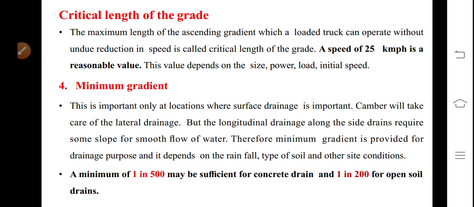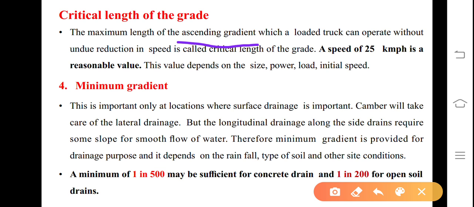Critical length of the grade. The maximum length of the ascending gradient, that is positive gradient, which a loaded truck can operate without undue reduction in speed is called the critical length of the grade.